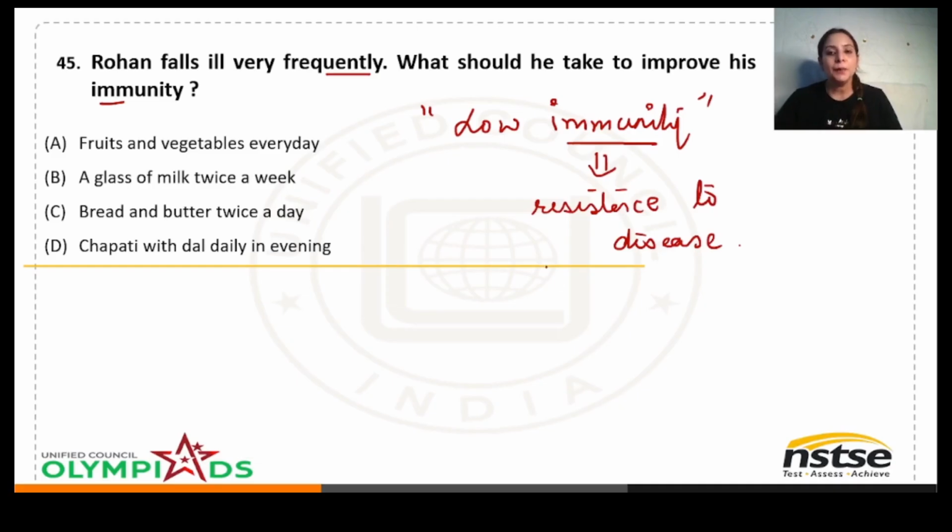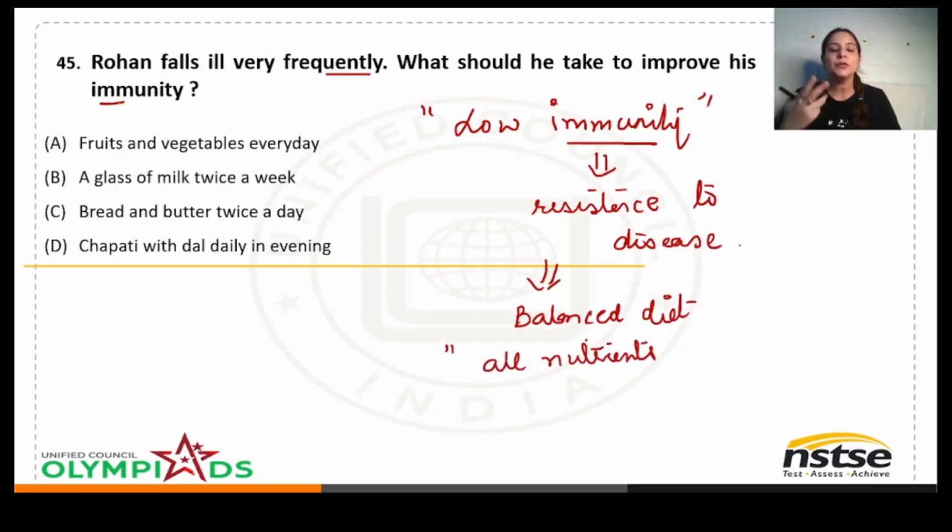So immunity comes when you feed yourself on balanced diet. Now what is balanced diet? Balanced diet is a diet which contains all the nutrients, that is carbohydrates, fats, proteins, vitamins, minerals, even water and roughage, because water and roughage are not nutrients, but still they are required in a diet.